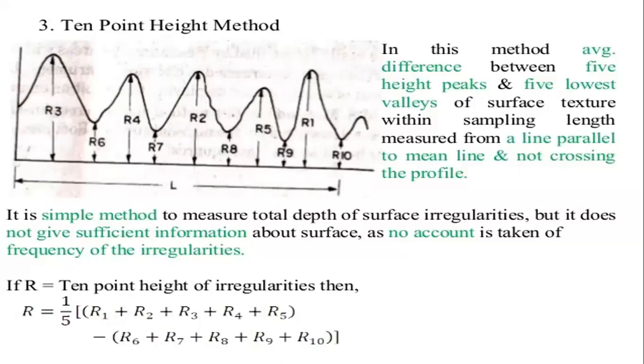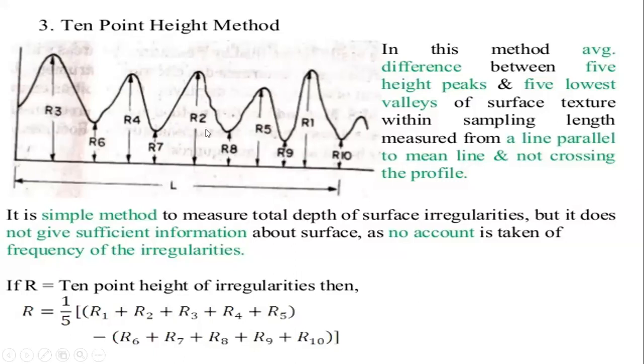In this 10-point height method, the average difference between the 5 highest peaks and the 5 lowest valleys of the surface texture within the sampling length is measured from a line parallel to the mean line and not crossing the profile. In this profile, we are seeing different sampling lengths.